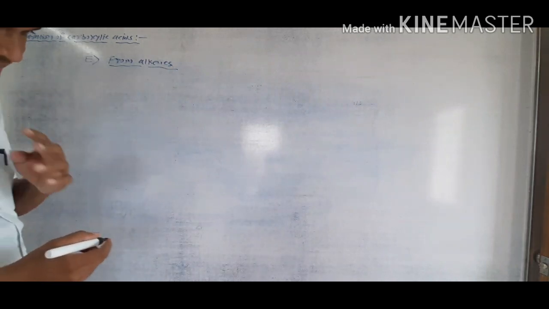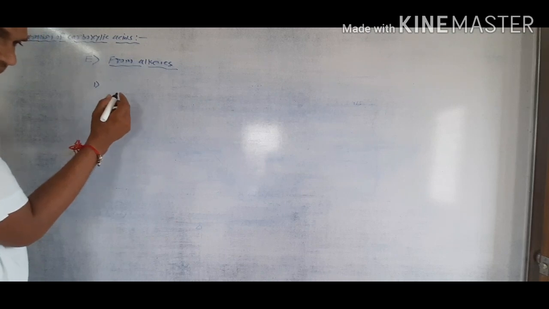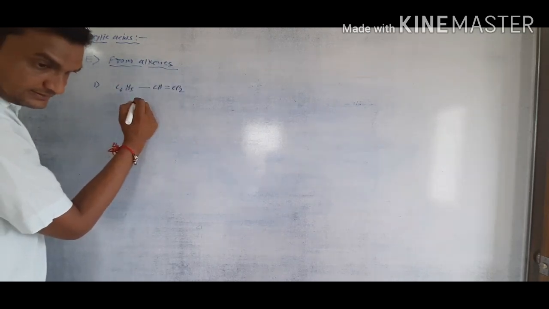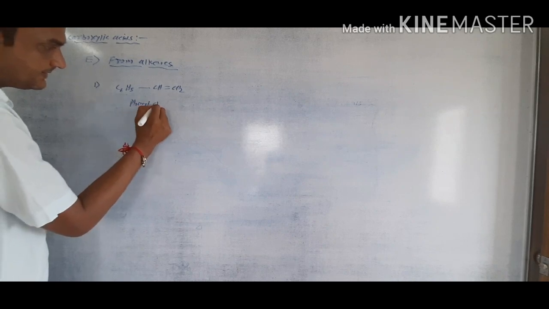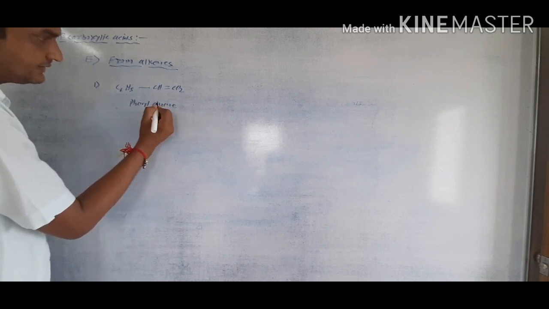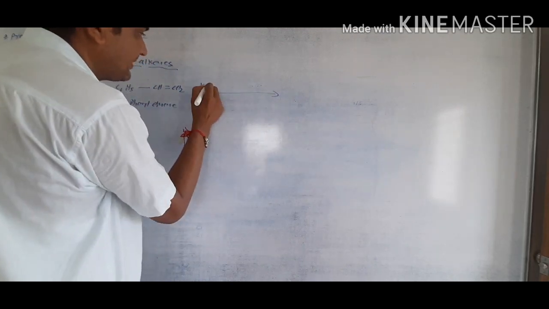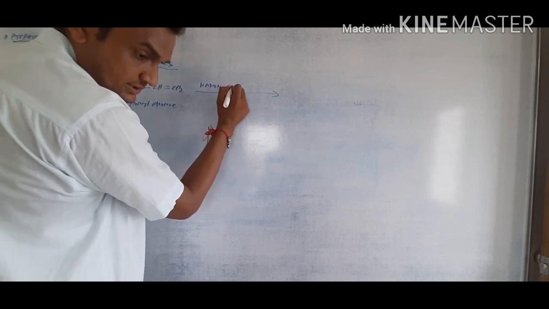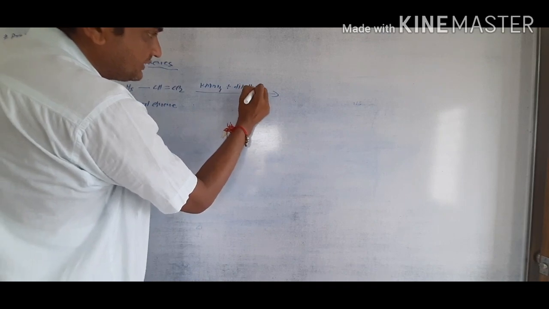From alkenes. Suppose that any cyclic alkenes or allyl, suppose that C2 phenyl ethyl, they will react with the KMnO4 in presence of dilute H2SO4.